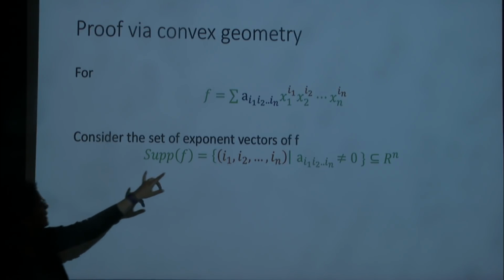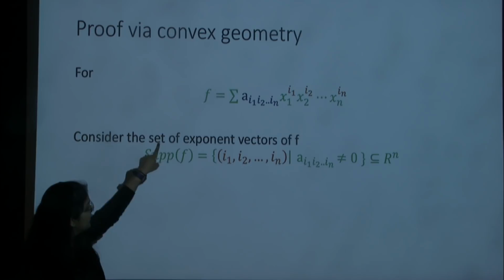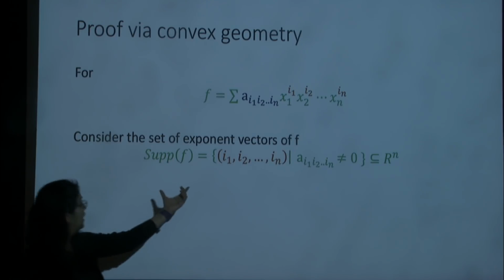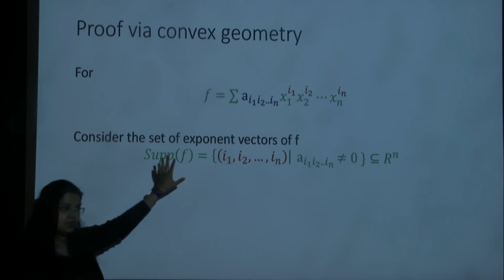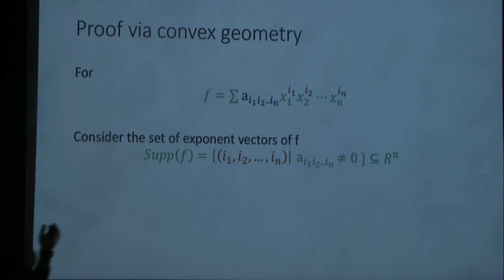So for instance, if i1, i2 up to in is the exponent vector of some monomial in f with a non-zero coefficient, I look at this n-tuple and toss it into my support set. So I collect the exponent vectors of all the monomials and call that the support of f. I throw away the information in the coefficients of f. I just look at which monomials appear.